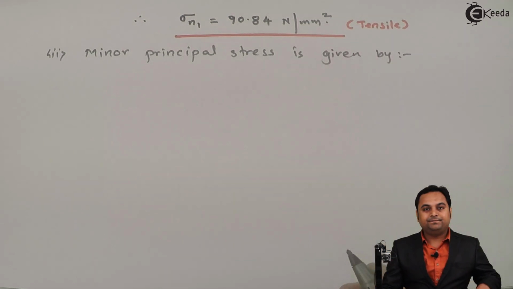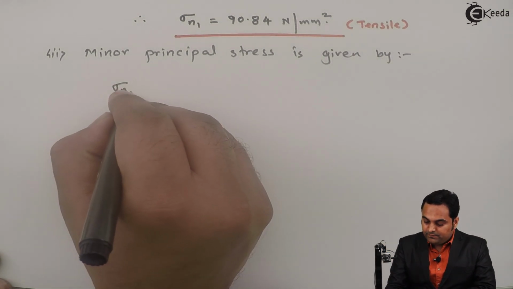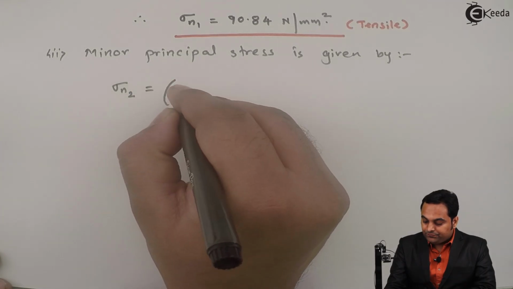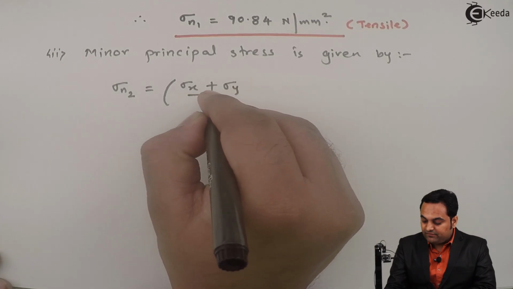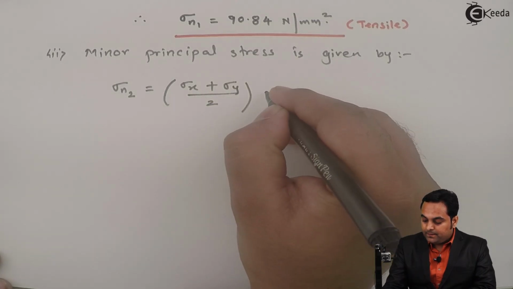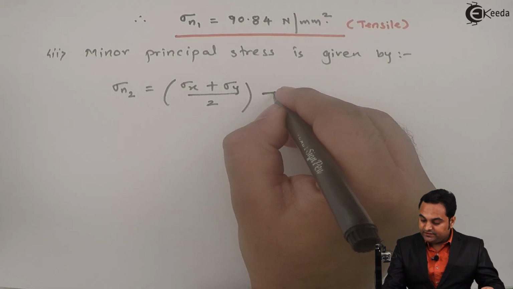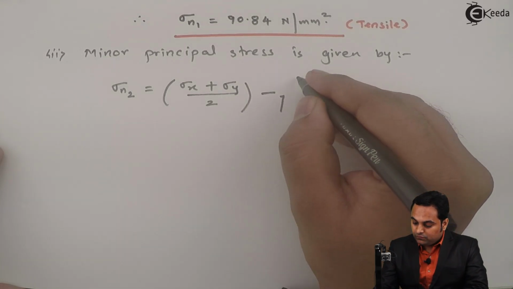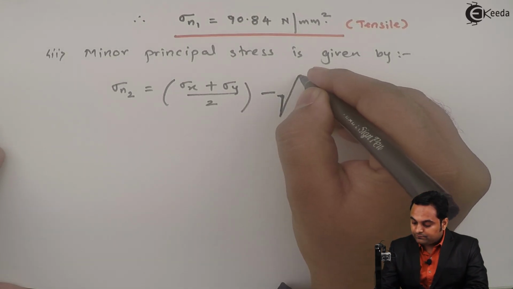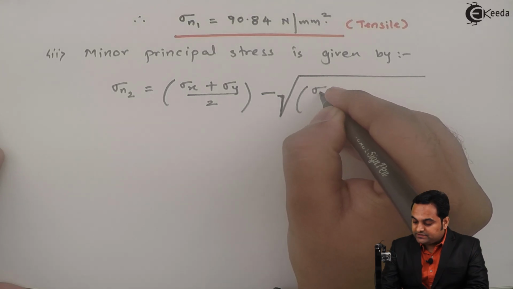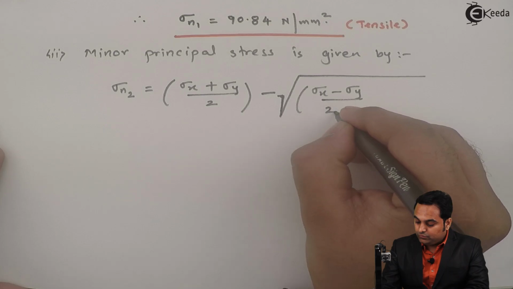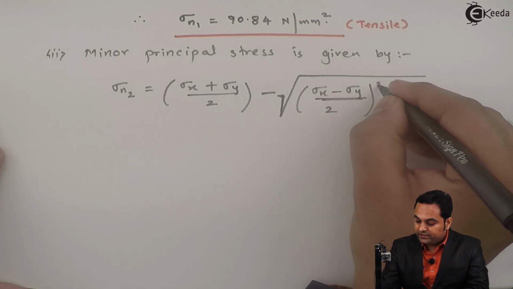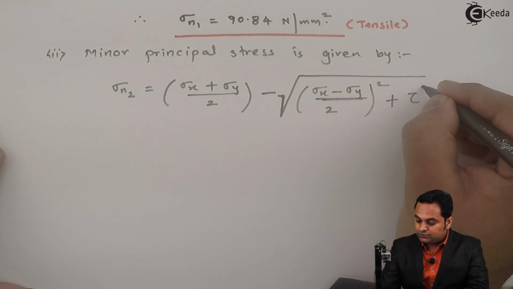is given by sigma n2 is equal to the same formula, sigma x plus sigma y by 2, then there is negative sign, root of sigma x minus sigma y by 2 whole square plus tau square.